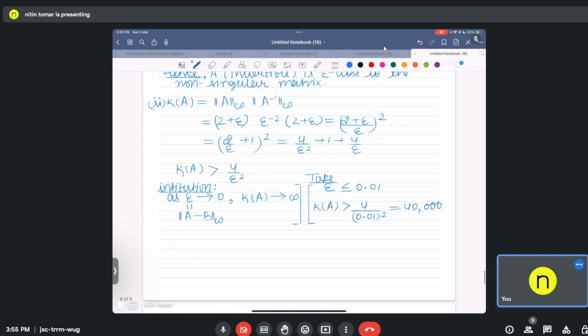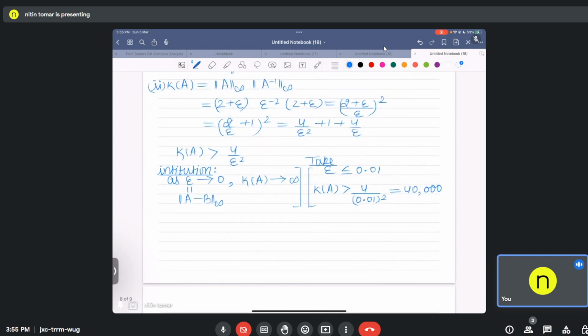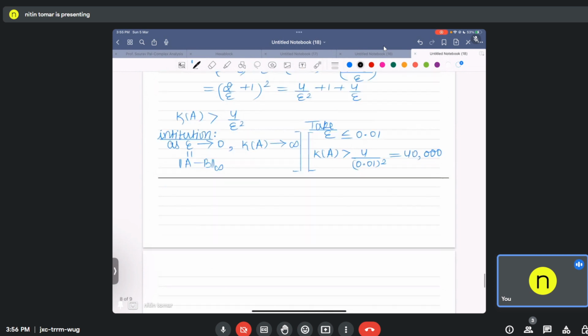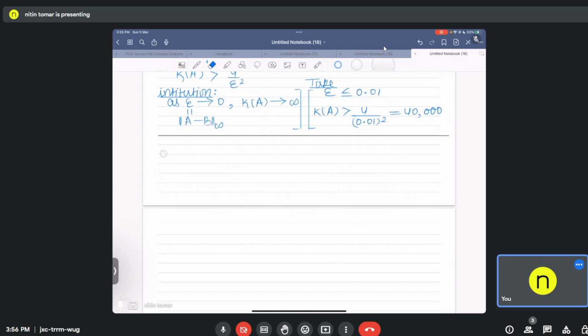Now let us prove some facts about the condition number, which I think you will be able to prove. A and B are invertible matrices.